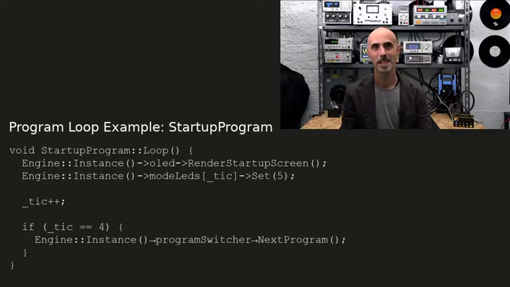In this code, you can see how to show stuff on the display, how to switch on and off a LED, and the program switcher that handles cycling through the programs, and is used to navigate to other programs.